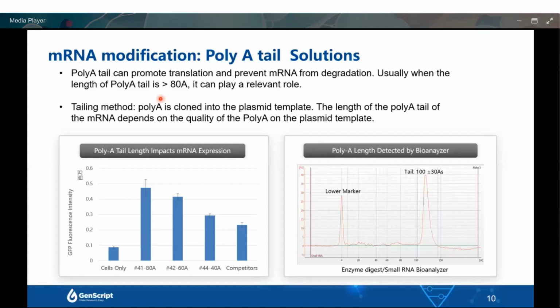And as I just mentioned, our way of tailing is to use a plasmid. We clone the poly-A tail into the plasmid template. Okay, so here shows the different lengths of the poly-A tail and how the length impacts mRNA expression.